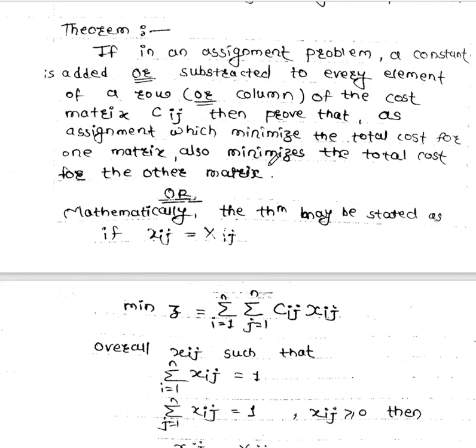This theorem can also be stated in mathematical form as: if Xij equals capital Xij minimizes Z, summation i equal to 1 to n, summation j equal to 1 to m, Cij Xij.